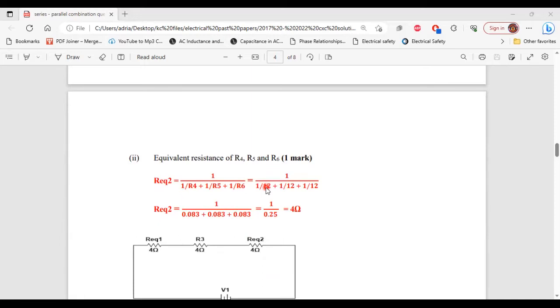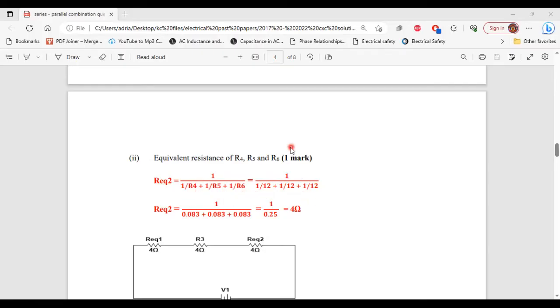And we're going to call their equivalent resistor value REQ2. So the formula is REQ2 equal 1 divided by R4 plus 1 divided by R5 plus 1 divided by R6.